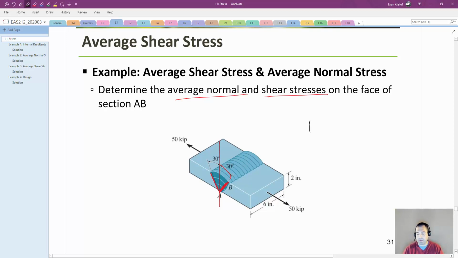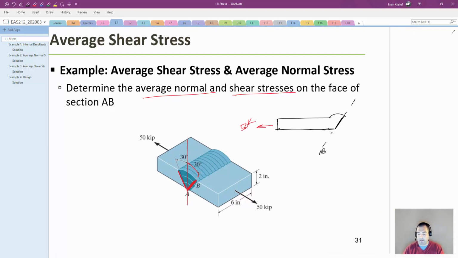If we look at this from the side, here's section AB, and we've got 50 kips going off to the left. To calculate the normal stress and the shear stress, we need N, V, and A. A is relatively straightforward.